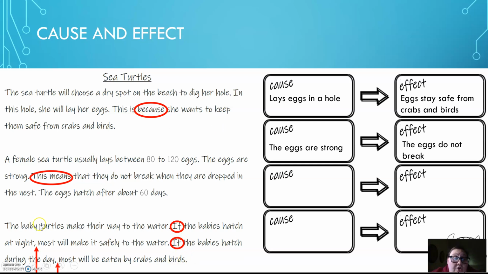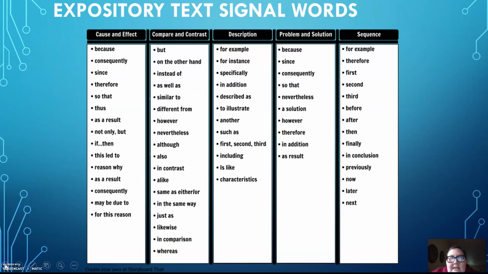Down here, we have two of the same type of signal word. So we have if. We have two sentences that start with if. If the babies hatch at night, most will make it safely to water. So if we go back to our chart for cause and effect, we go down and we have this if then.